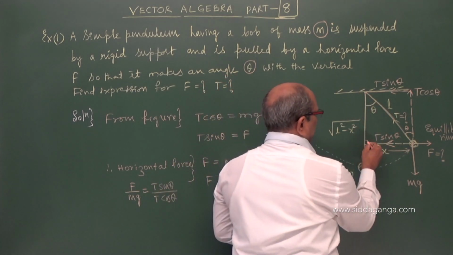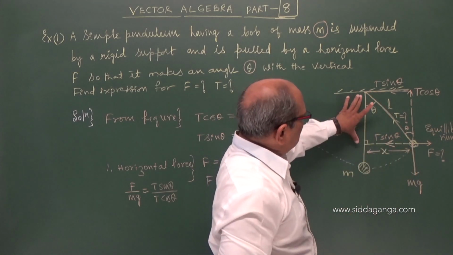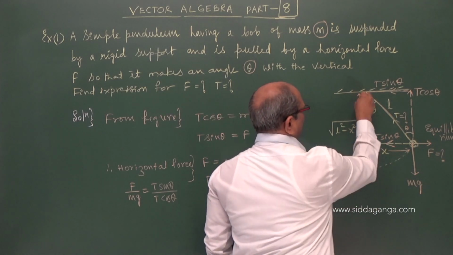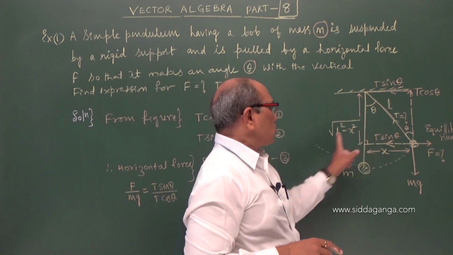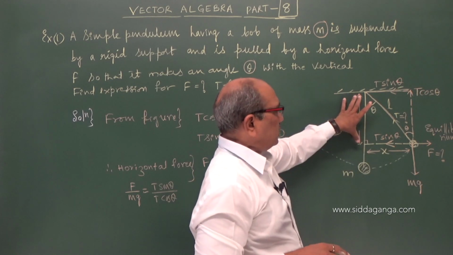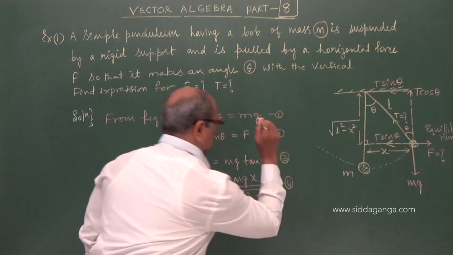Here it is 90 degree. It is x, it is L. So you want this height from here to here. It is nothing but L square minus x square. If you apply the square root, L square minus x square is the length of this part.